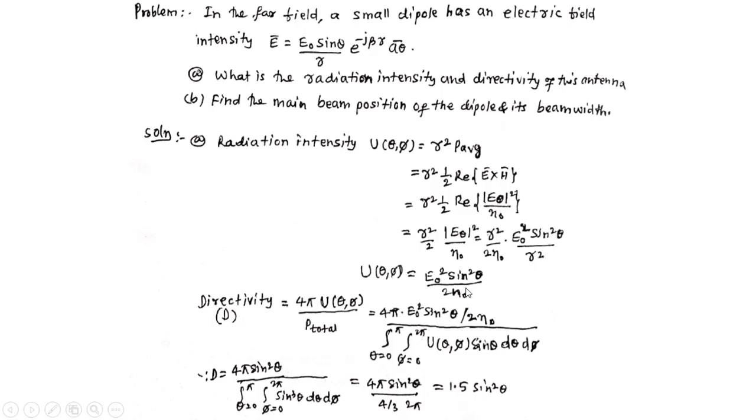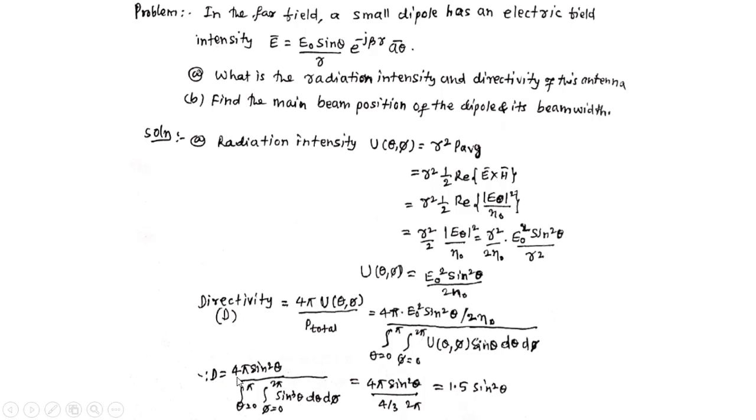Therefore, directivity is equal to 4 pi U theta phi divided by P total. This is equal to 4 pi E naught square sin square theta, whole divided by 2 eta naught, whole divided by the integration from theta equal to 0 to pi and phi equal to 0 to 2 pi of U theta phi sin theta d theta d phi.